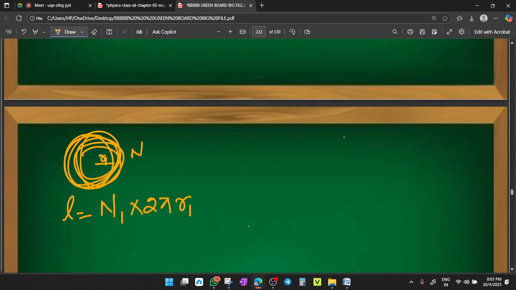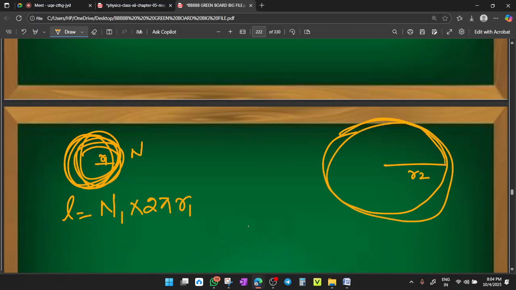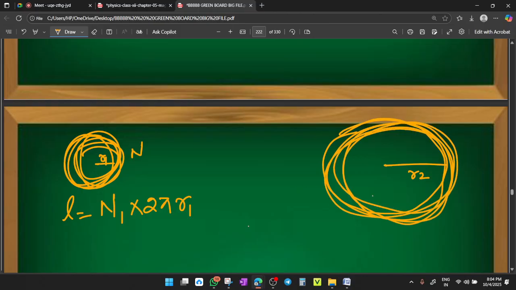In the second case, you have increased the diameter. The coil is big now. The radius is r2, but you wrapped the coil again on another frame. So the length will be the same, but the number of turns will be somehow less: N2 into 2 pi r2.